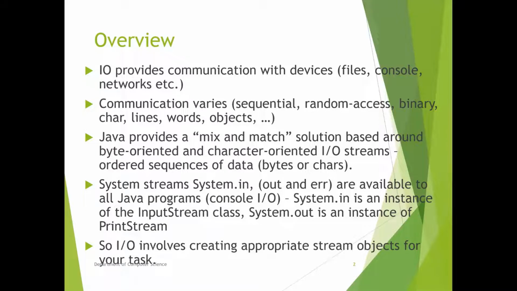Now, in the real-time projects, the basic operations we do using this are performing writing operations to the file and reading operations from the file. Okay. So, where can we store this data? In the persistence media either in the form of a file or in the form of a database.